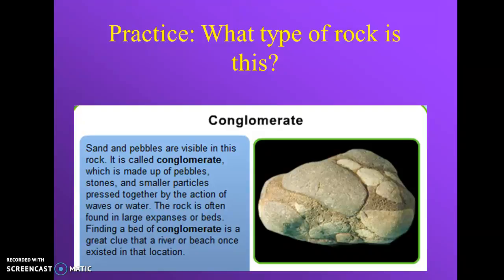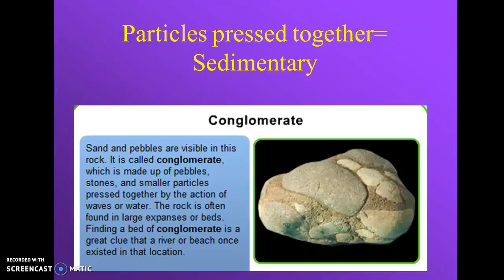Go ahead and pause, read once again, see if you can figure out what type of rock this one is. And this is sedimentary. If you look at this one, you can see all of the different fossil remains. You can also see that it's kind of made up of lots of different things that are just being cemented or packed together.